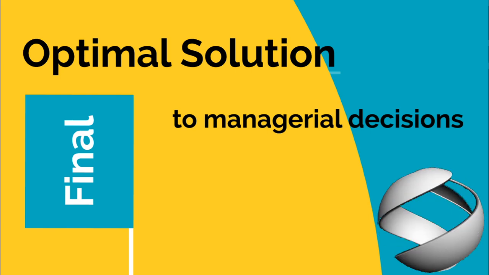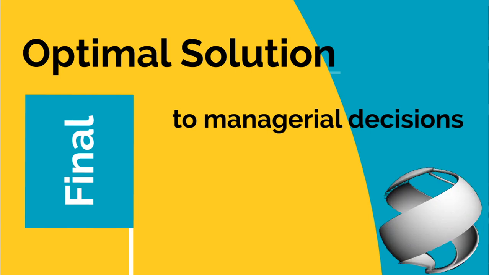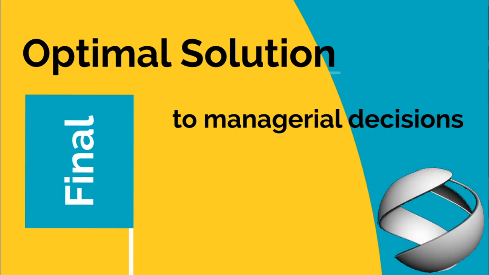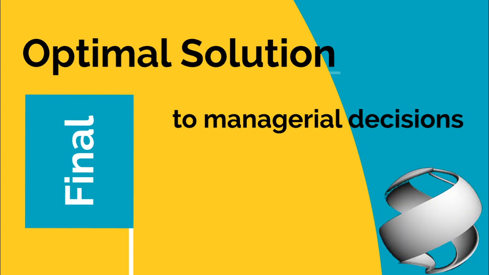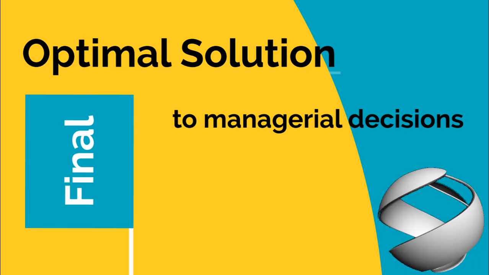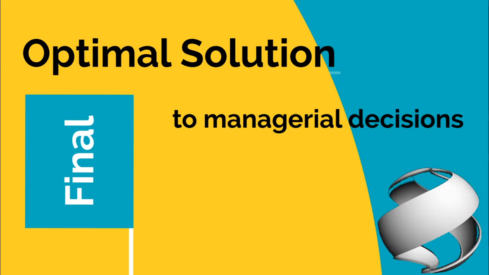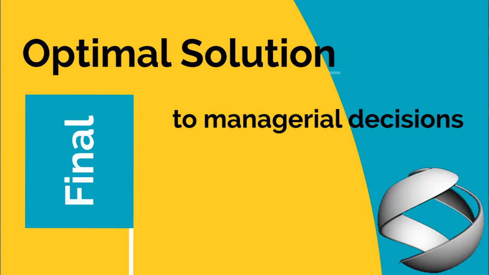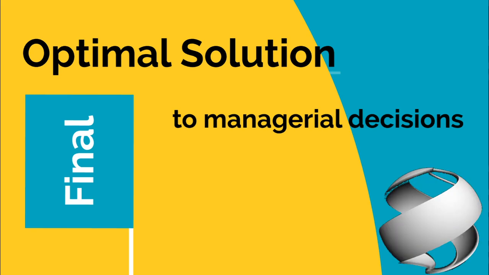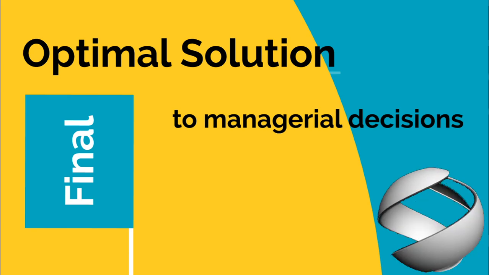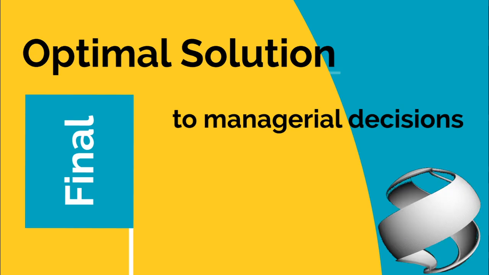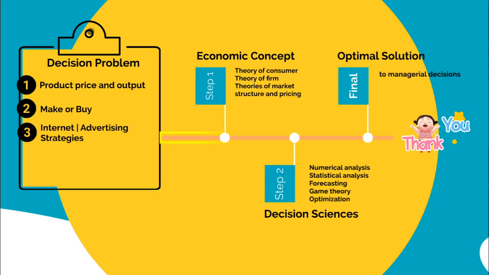Using decision sciences and economic concepts, we find the rationale for decision making. This is what is called economics, the science of problem solving. It is worth recalling the definition of managerial economics: the extracted knowledge that helps managers in decision making. Hence, we have understood how these business problems are dealt with, and we reach the optimal solution.